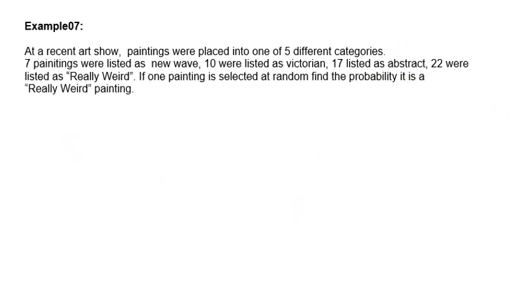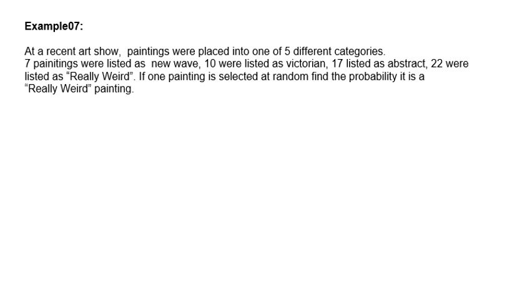All right, read this example here. Stop the video, and I'm going to work it out for you. Okay. Now, at a recent art show, paintings were placed in one of 5 different categories. 7 were listed as New Wave, 10 were listed as Victorian, 17 as Abstract, 22 as Really Weird.